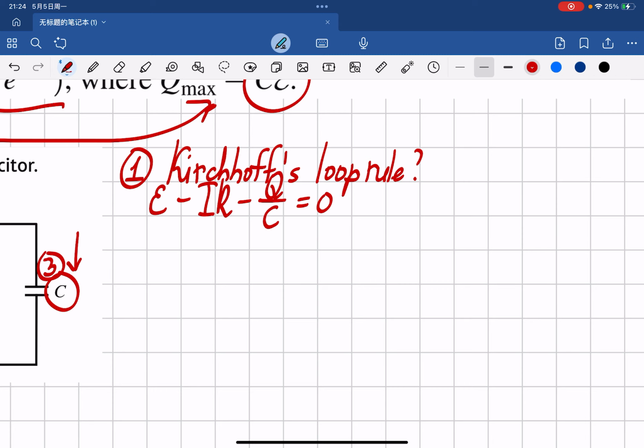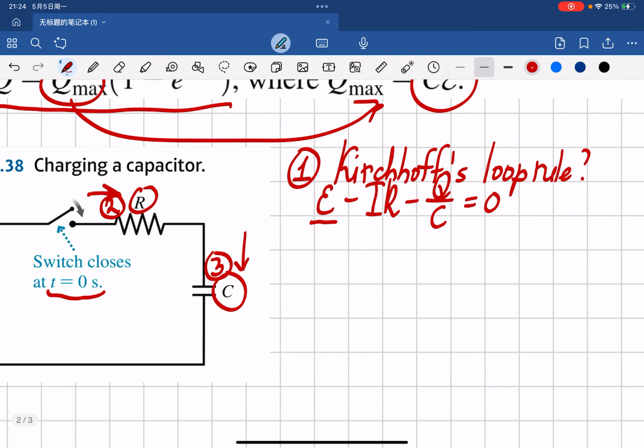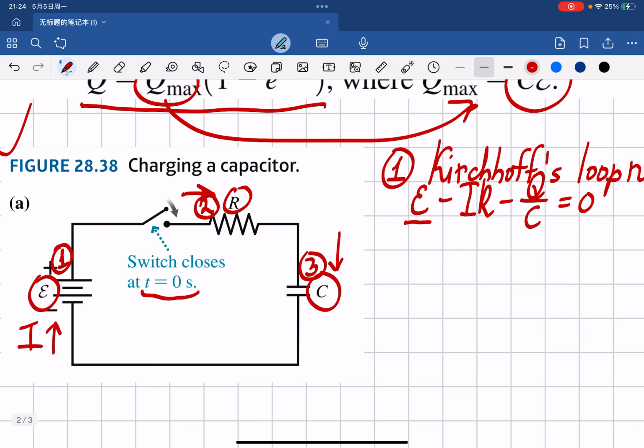And what we write: E is the voltage gain from the battery, what I have shown earlier, and current multiplied by resistance, I R, is the voltage drop across the resistor, and Q over C, charge over capacitance, means the voltage drop across the capacitor.